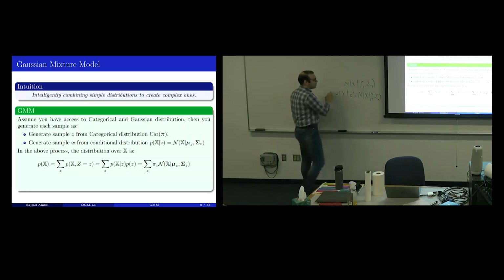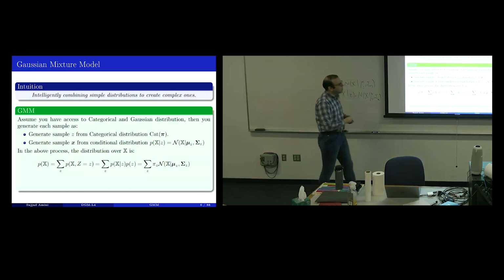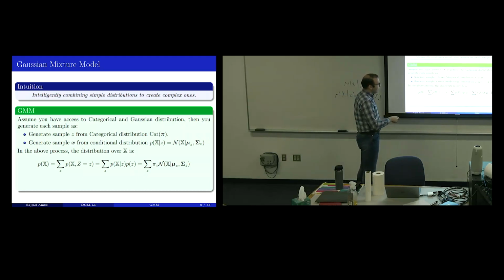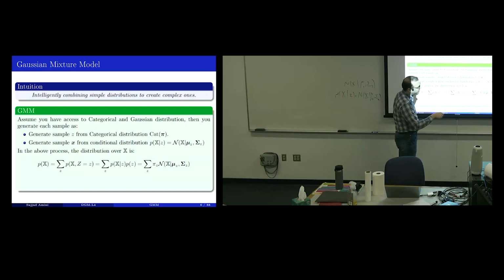But this is not the data distribution. This is the conditional data distribution. What is the data distribution? The data distribution is this value where you marginalize out the latent variable. It means that you calculate the summation over all possible z, and then you calculate the probability of x. And you can see here that the complex distribution is built here.